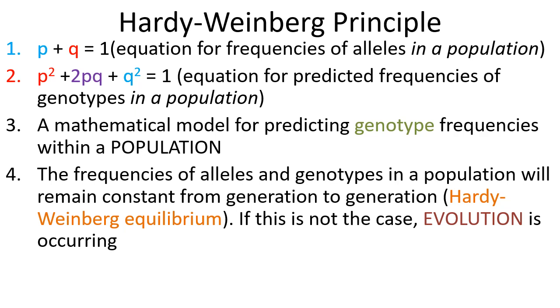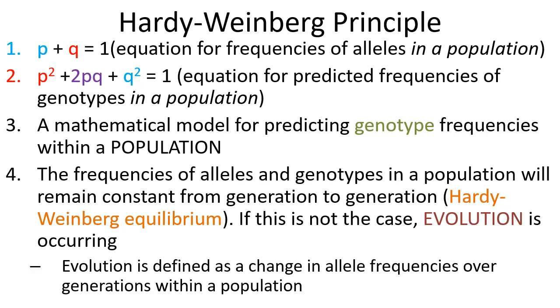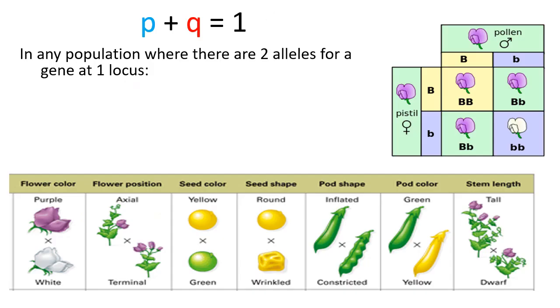If this is not the case, then evolution is occurring. We are seeing a change in allele frequencies, and that's all the mathematical model is testing. So remember, our definition is evolution is a change in allele frequencies over generations within a population. And that's what this equation then tests for.